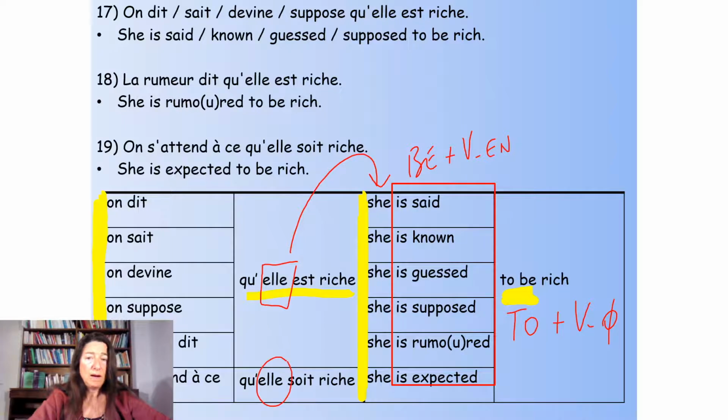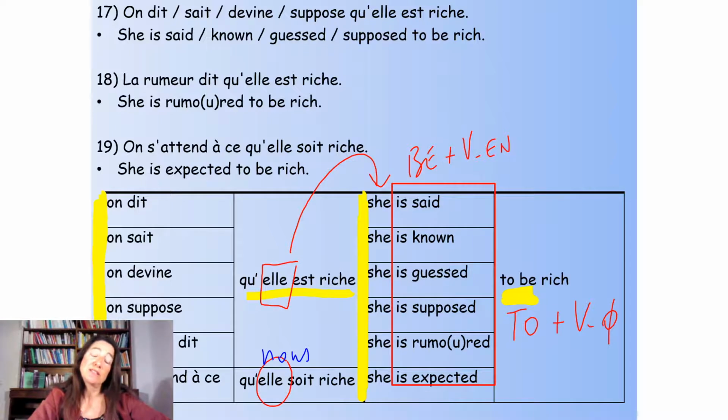Okay, how about if instead of elle here, let's say I want to translate on s'attend à ce que nous soyons riches. So in that case, there's still on here, so I'm still going to use be plus VN to translate the sentence.